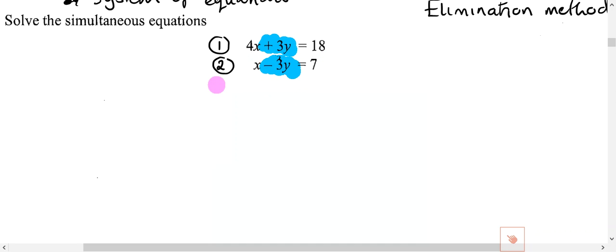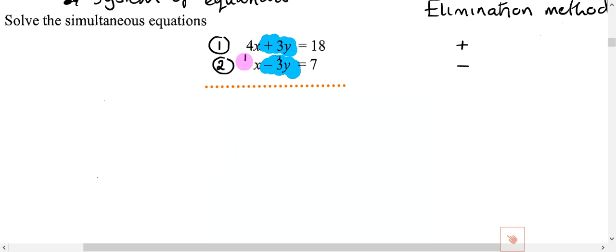One's positive and one's negative though, so when we eliminate, we're either adding or subtracting. So what do we do? Add, okay, because they're positive and negative, they're different. So to eliminate a positive number using a negative, you add them together, yeah? The positive and the negative cancel each other out, make 0.